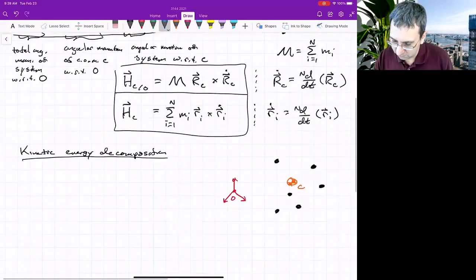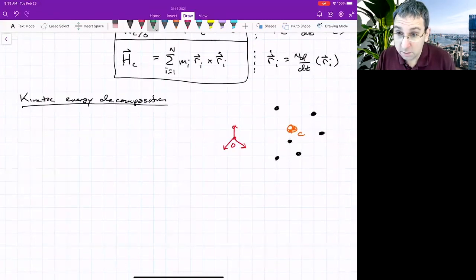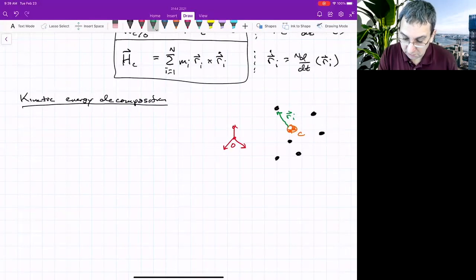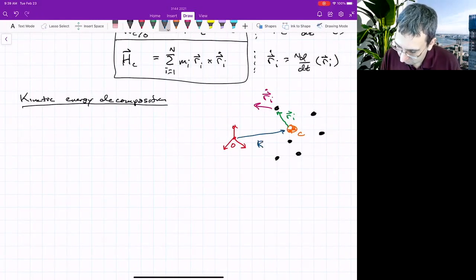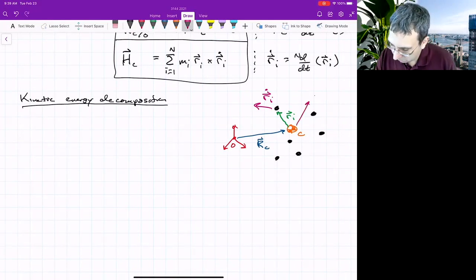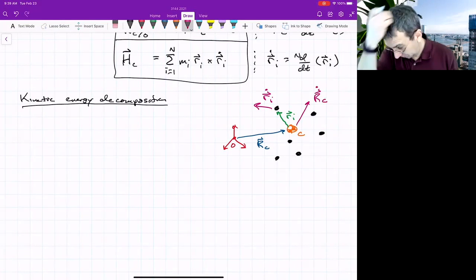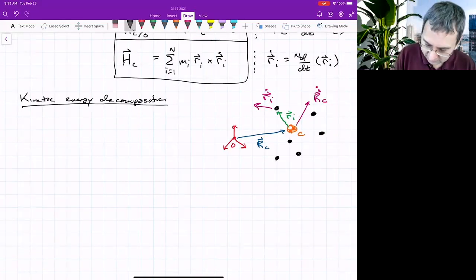So here's R_i, and this is moving, so it's got some derivative, R_i dot. We've got the center of mass location, capital R_C, and that's also moving. There's R_C dot. So the total kinetic energy, we've written it before.